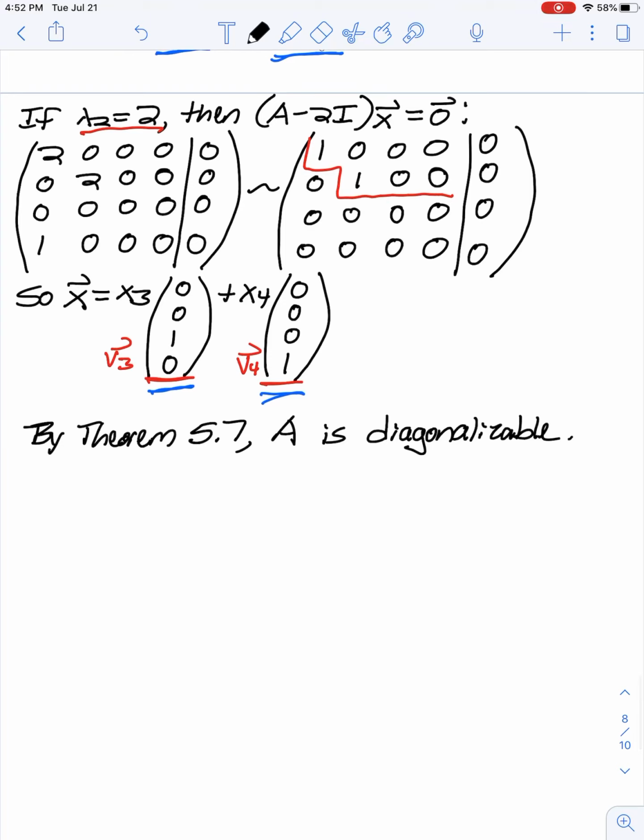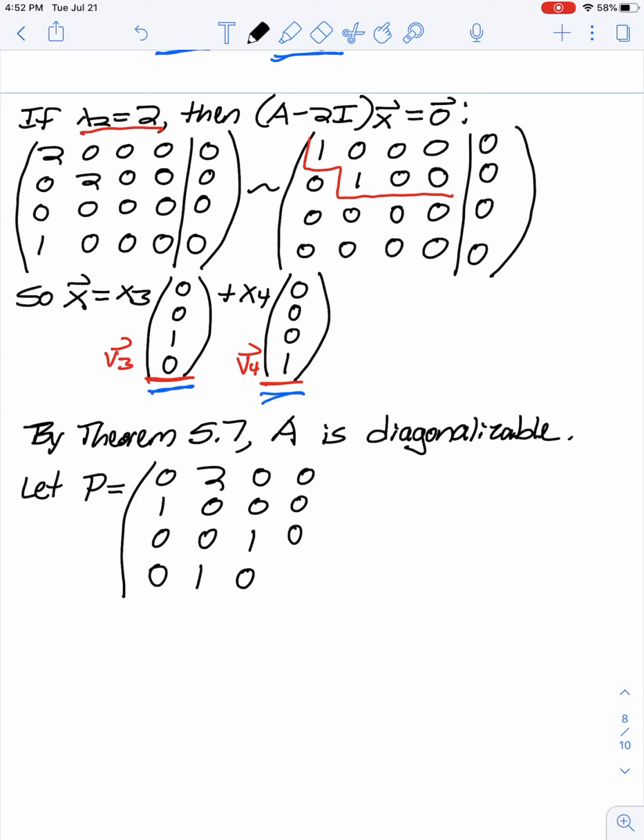And to find our diagonalization, we're going to let P be the matrix whose columns are linearly independent eigenvectors. So V1 was 0, 1, 0, 0. V2 was 2, 0, 0, 1. V3 was 0, 0, 1, 0.